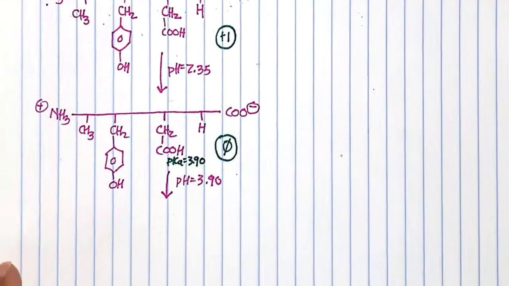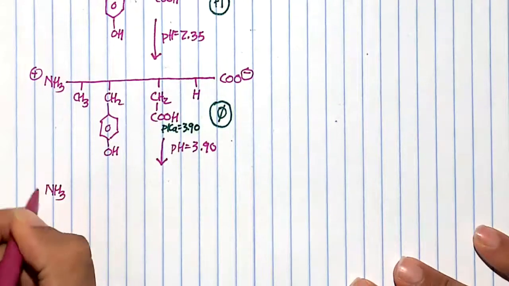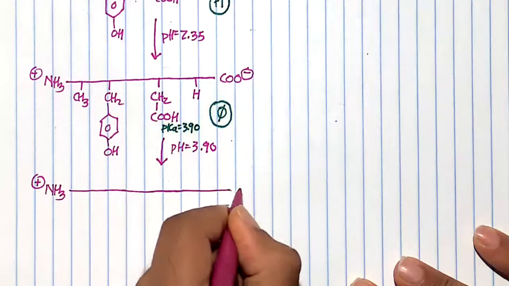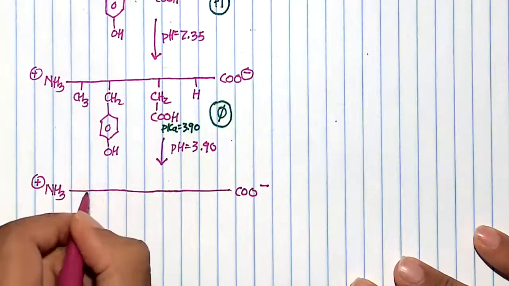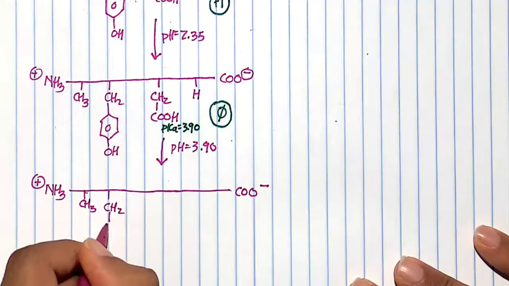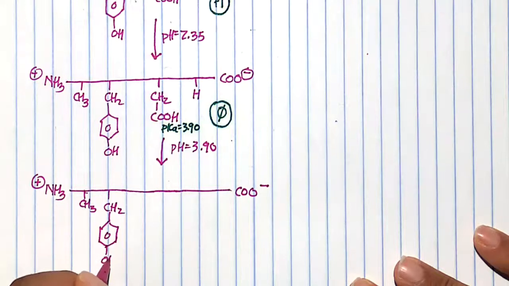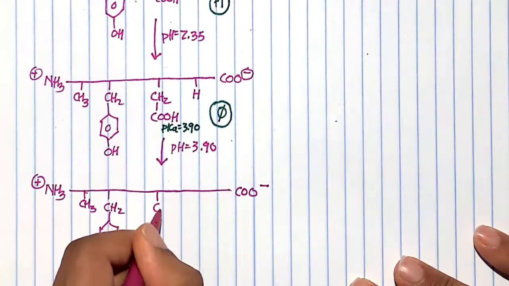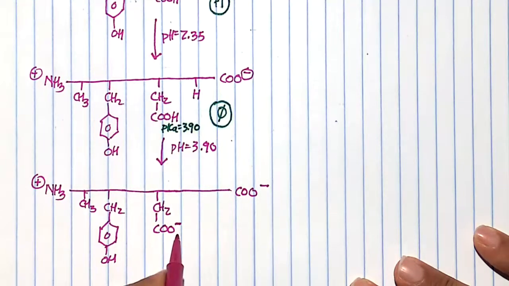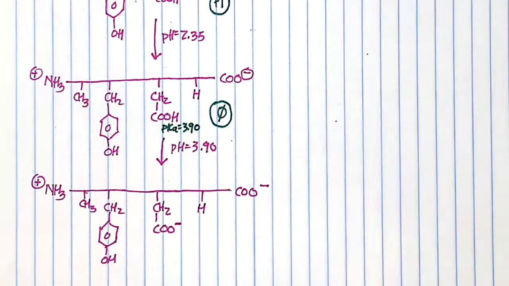So then I'll get this structure. Notice this proton has come off now. This stays the same, and this one stays the same.